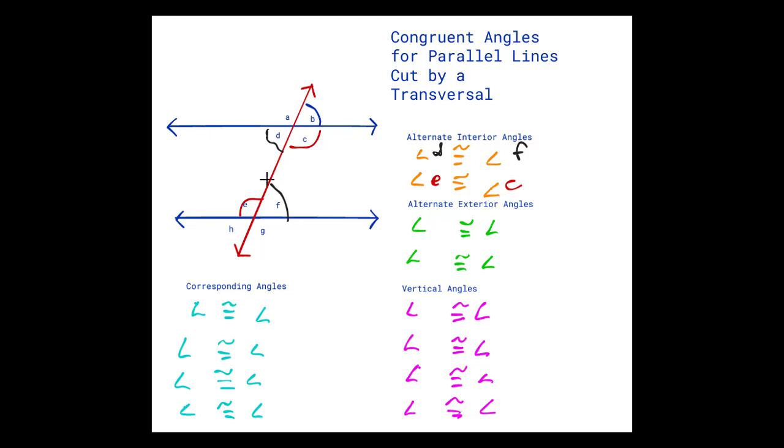So B is congruent to H, which means they're the same degrees. And A is congruent to G.